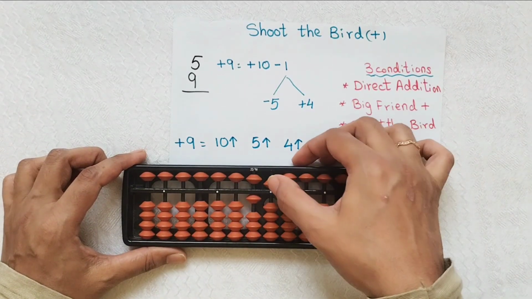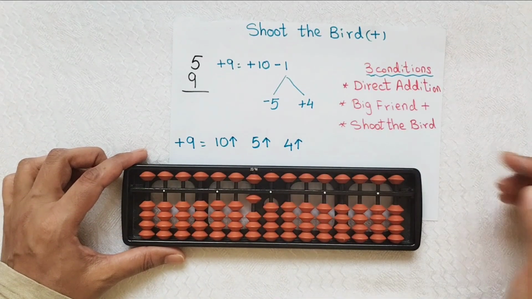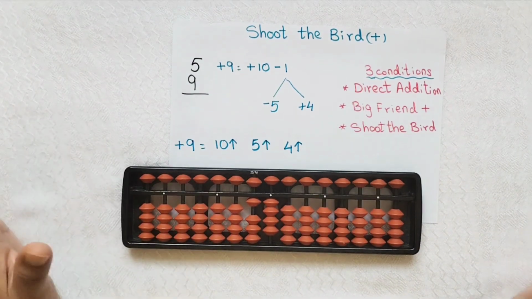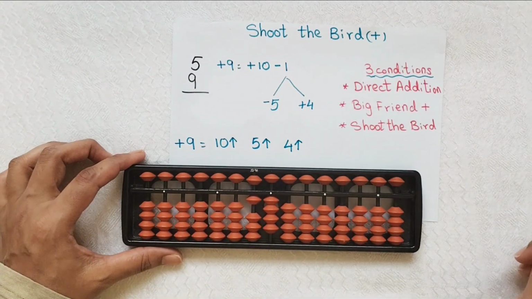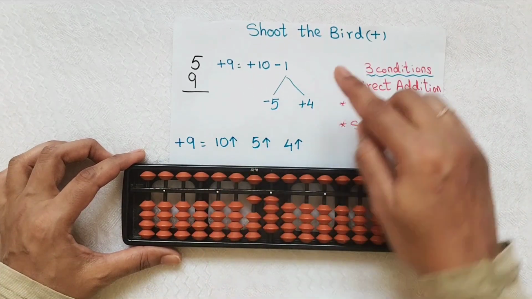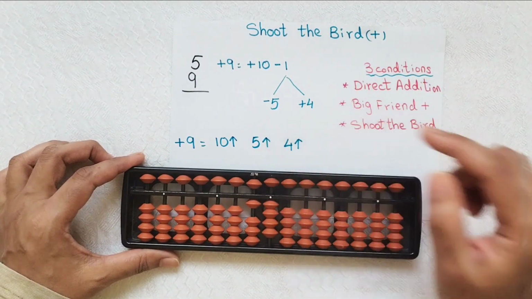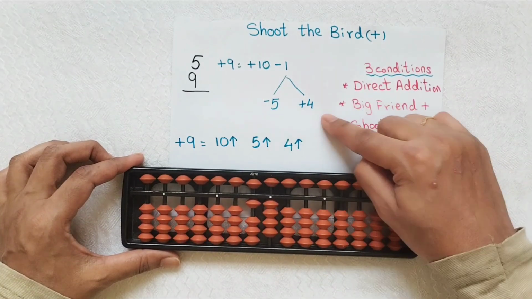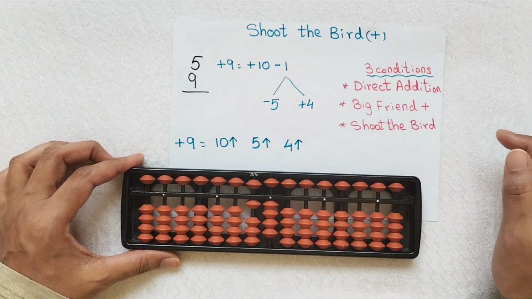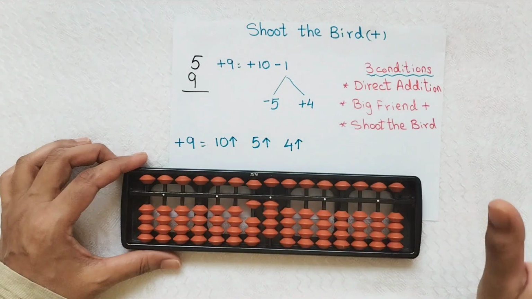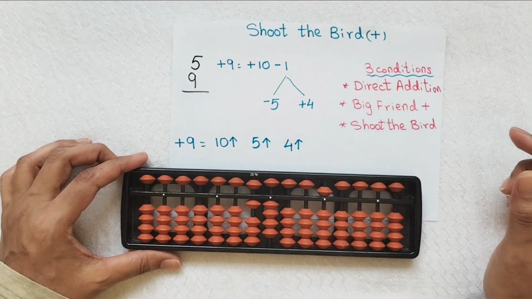How will I do 5 up? 5 up. And now I will do 4 up. 4 up. That's it. My answer is 14. 10 up I am using in place of big friend addition, 5 up in place of small friend subtraction. Now it's very easy to remember. 5 plus 4 is 9, so 5 up, 4 up.